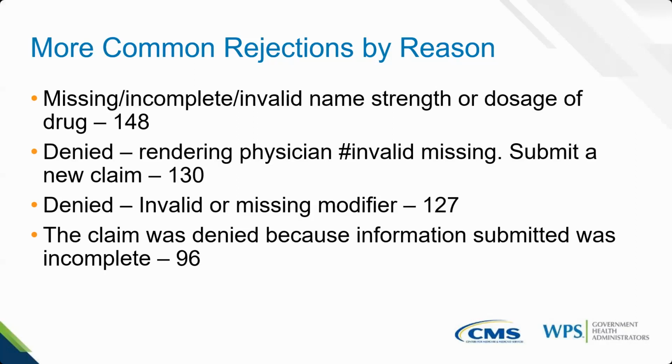So for this, it means that you entered an invalid modifier or it's missing one that's required. So you need to review that claim, determine if you need to add that modifier or if you used the wrong one. Maybe it was transposed when it was entered. Anyway, this is invalid or missing modifier, and it is definitely a rejection, not a denial.